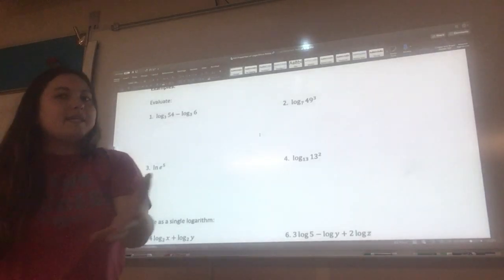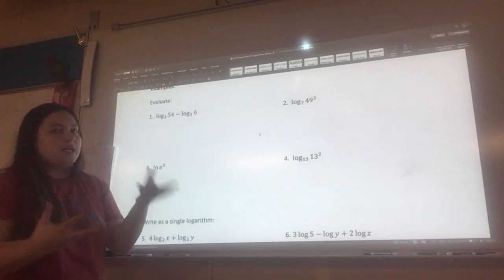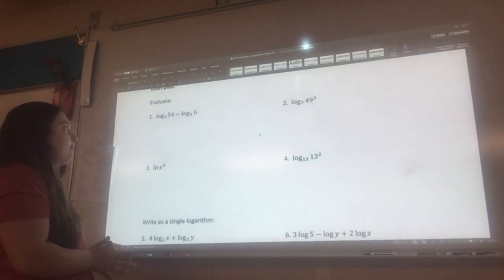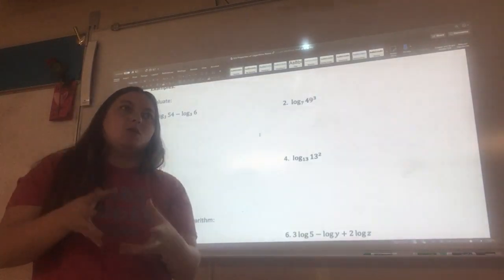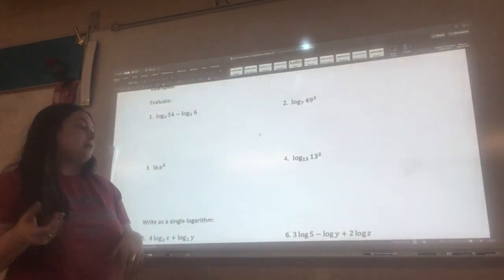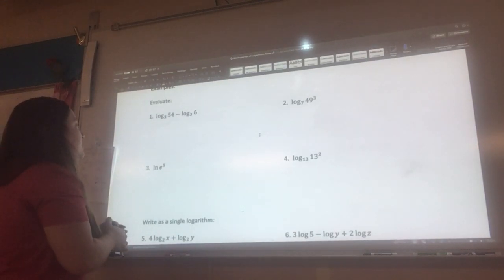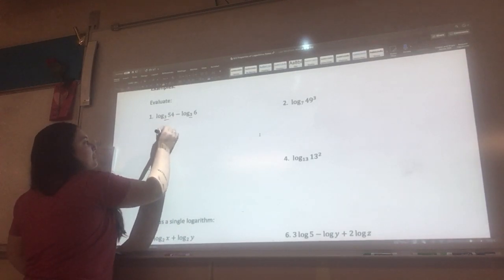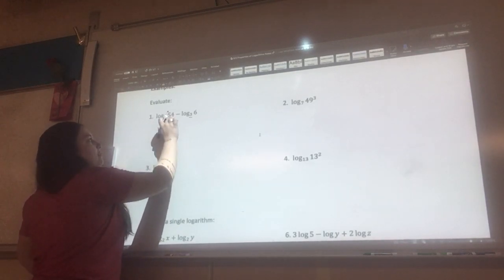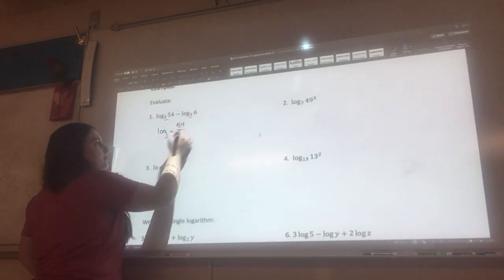Well, based off of our first examples, we could just have done 3 to something and we would have gotten an answer and subtracted them. But can 54 or 6 become a base of 3? No. So what if we use our properties? The subtraction property, or the quotient rule, states that if we have the same base, I can rewrite this as the first number divided by the second number.